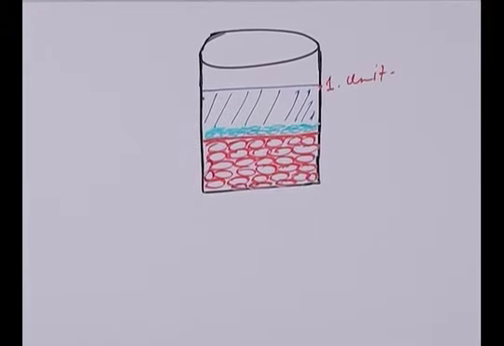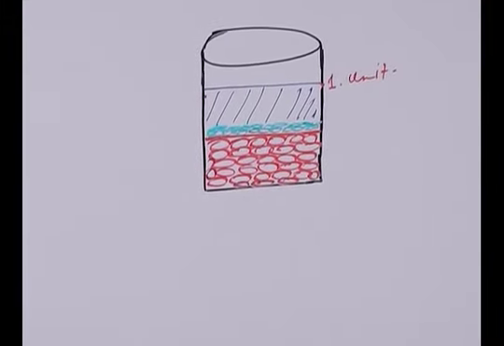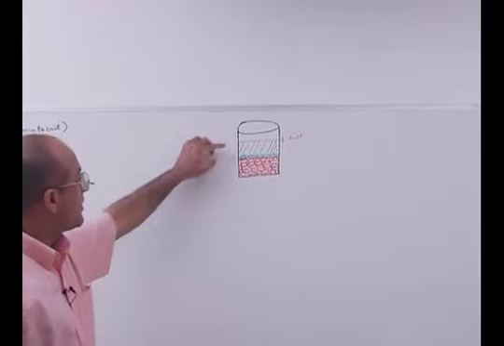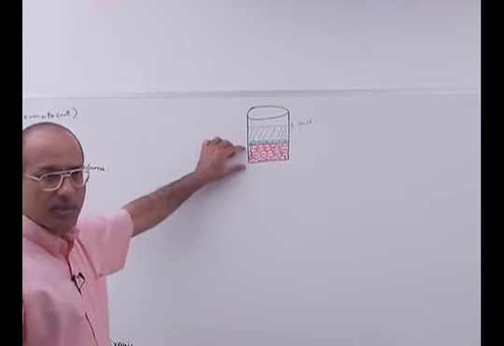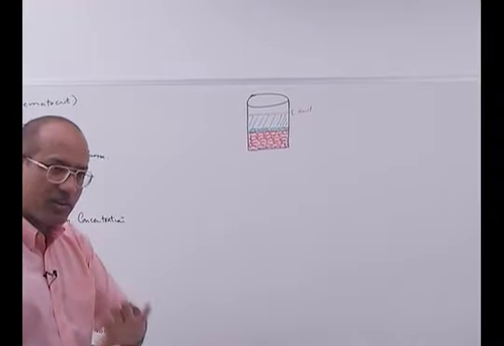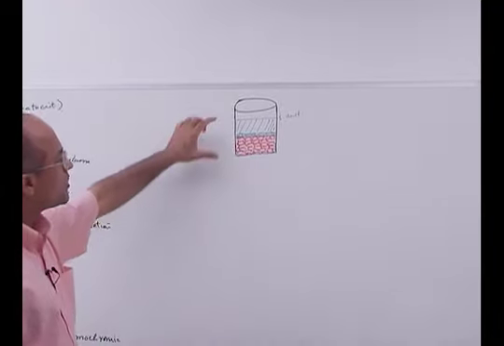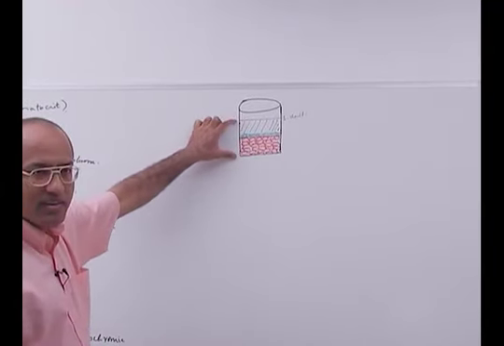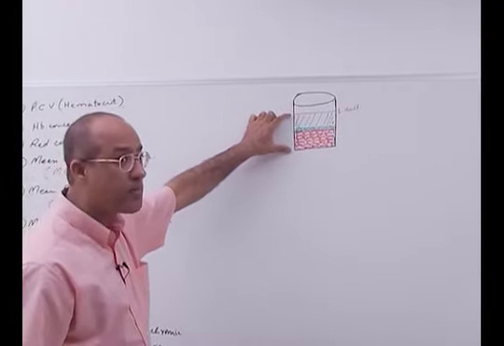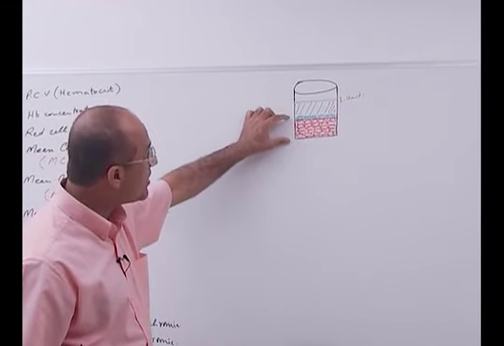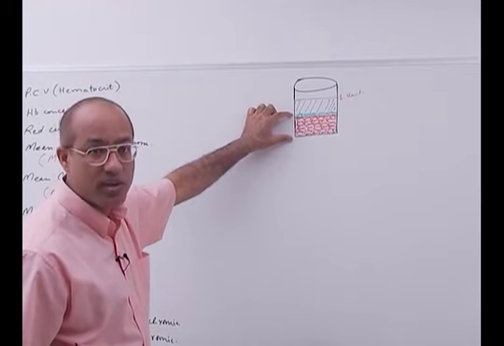We start our concept from the very basics. You have taken blood from a person, anticoagulated it, put it into a tube, and centrifuged it. You have reduced the cells to the bottom and plasma is at the top. Now, let us suppose this was 1 unit of blood. As you know, blood is made of plasma and cells, so naturally cells are less than 1 unit.